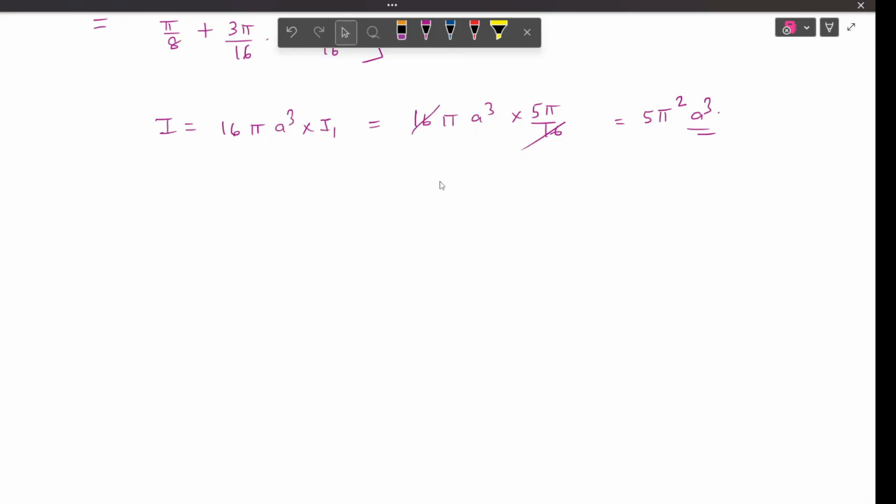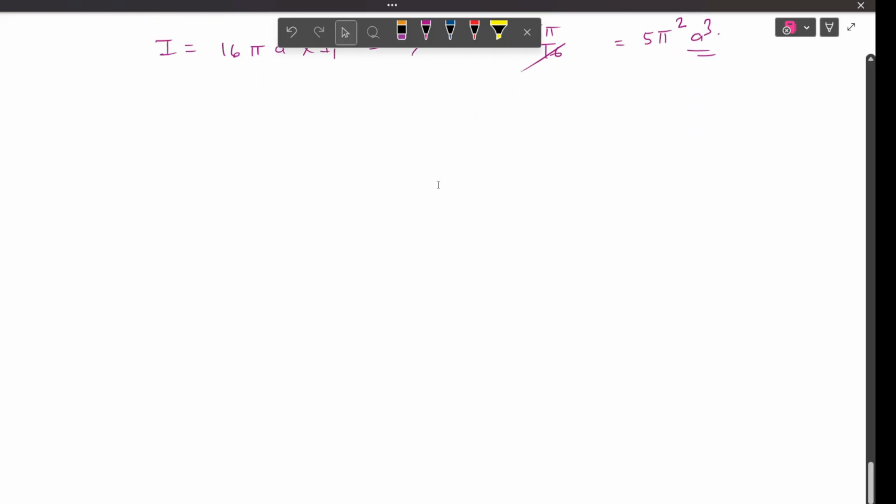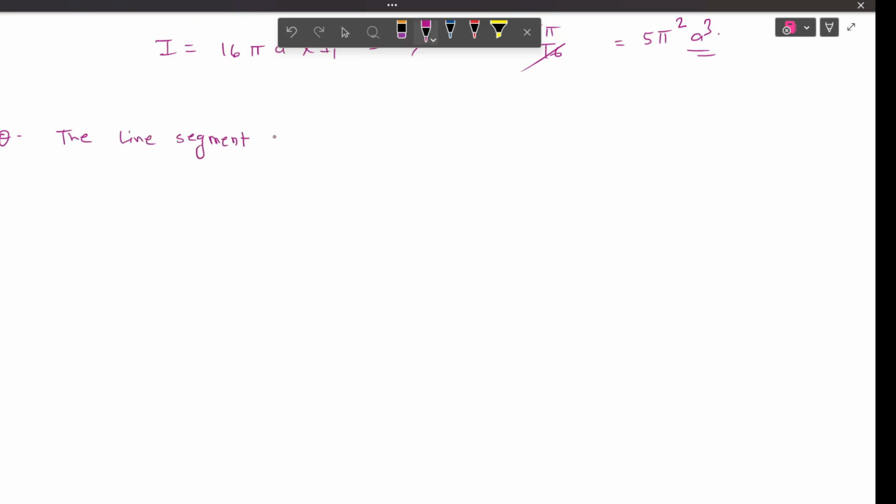Now let us see our next question. Question is, the line segment x plus y equals to 1, y is from 0 to 1, is revolved about y-axis to generate a cone.